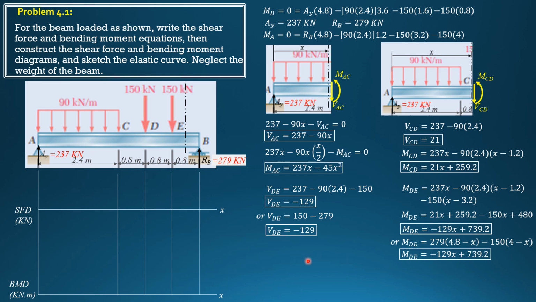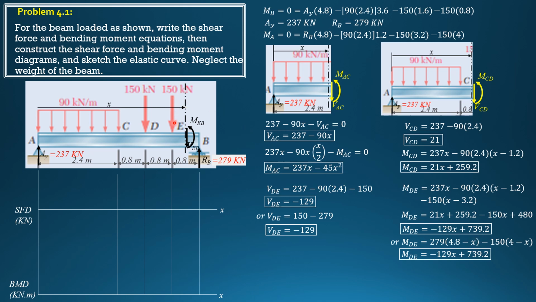I want you to show that it is also negative 279 by considering the right section, but remember the positive shear is upward and the positive moment is clockwise for EB. Show that in your free time. Then moment EB is the preceding moment in DE, negative 129x plus 739.2.